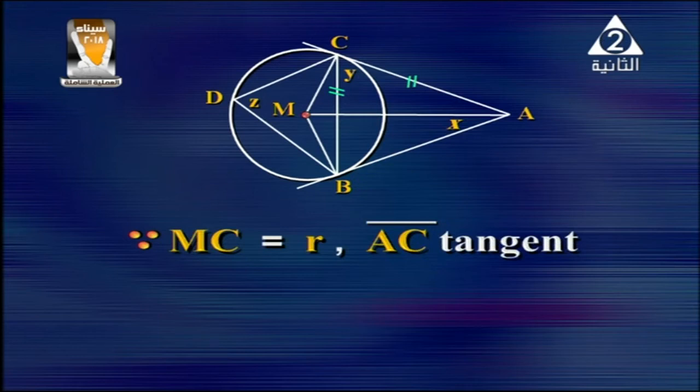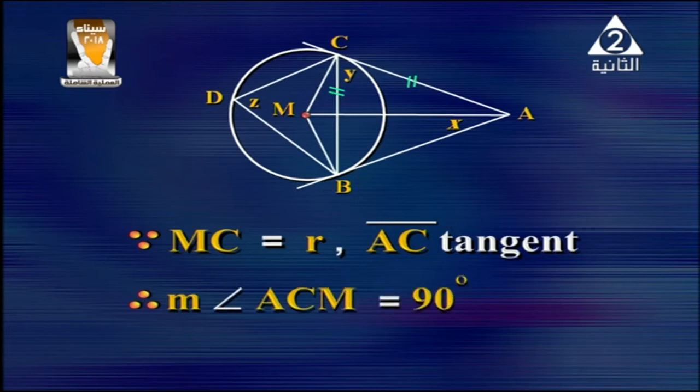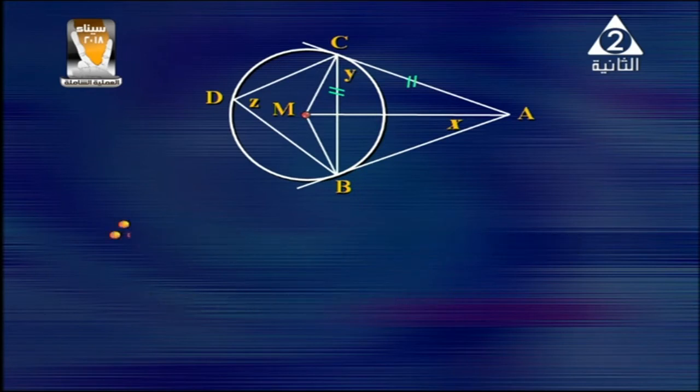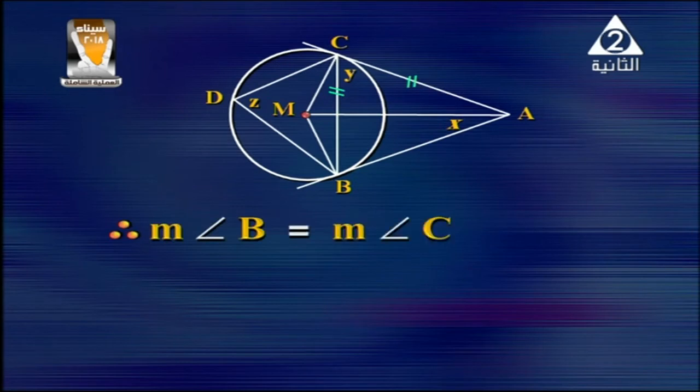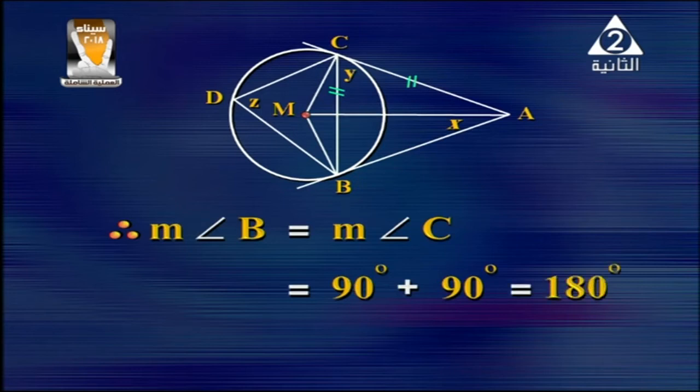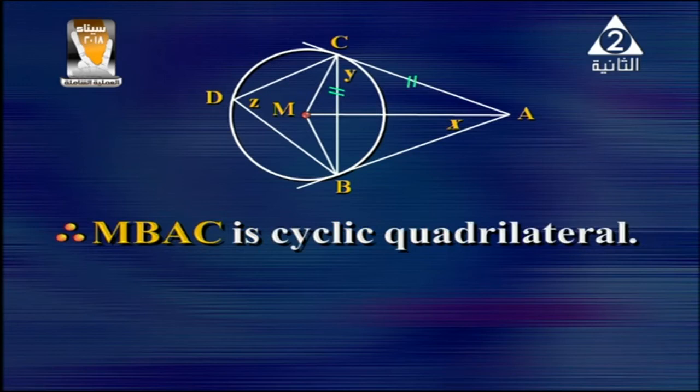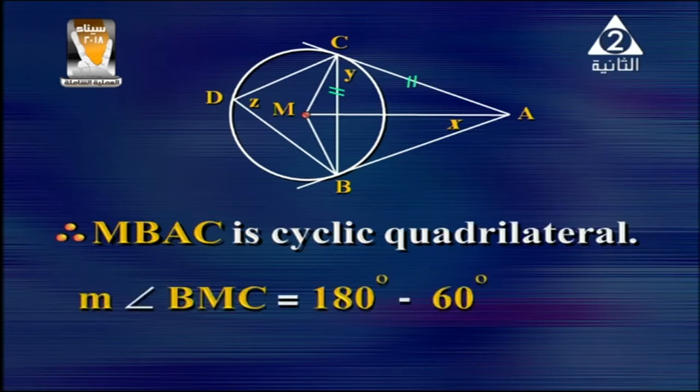So we can say that measure angle ACM equals 90 degrees. And in this case, measure angle B plus measure angle C equals 90 plus 90 equals 180 degrees. So measure angle BMC equals 180 degrees minus 60 degrees to obtain a result as 120 degrees.